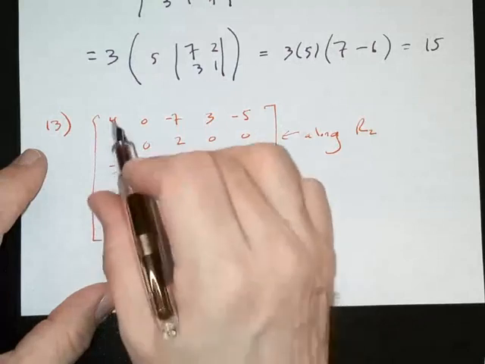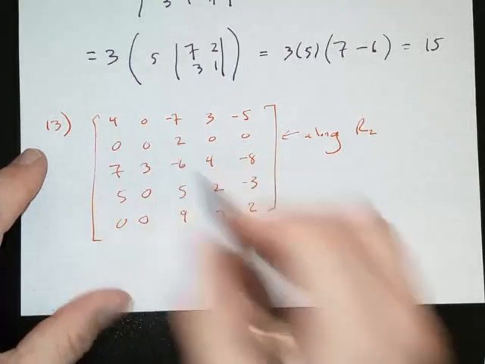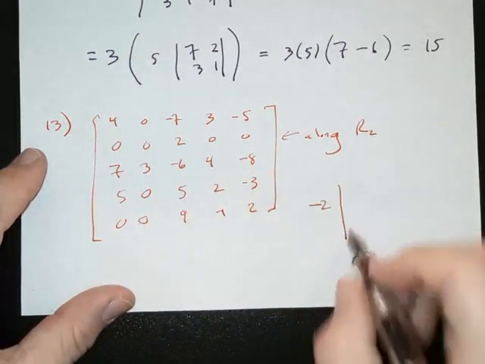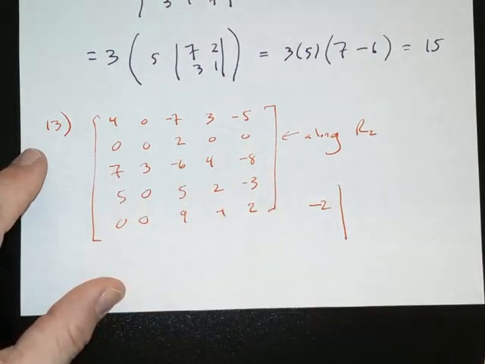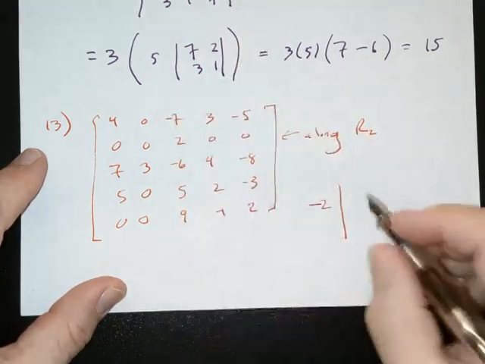So I get plus, minus, plus, minus. Then I get a 4x4. You need to cross out the second row and cross out the third column.